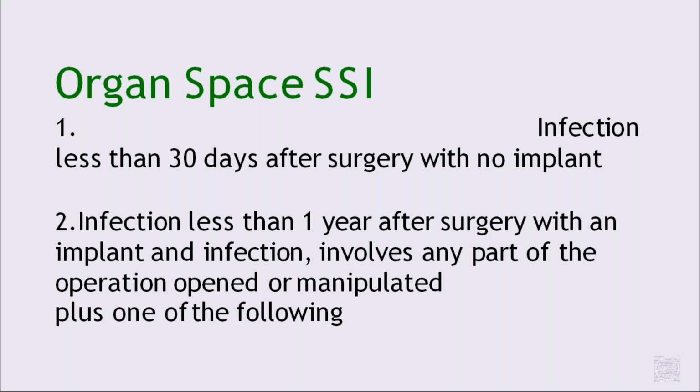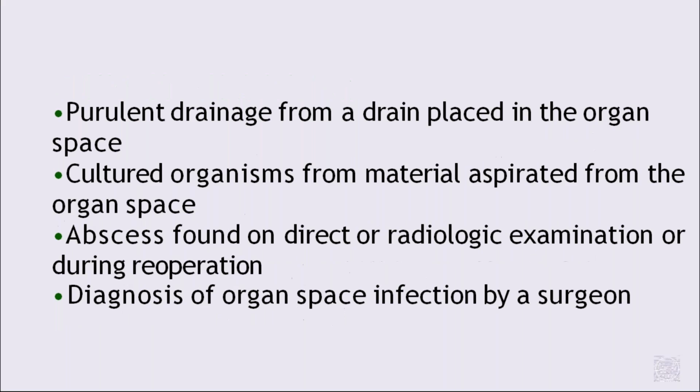Infection less than 1 year after surgery with an implant, and infection which involves any part of the operation opened or manipulated. Plus it should include the following. What are those points? Purulent discharge from a drain placed in the organ space, or cultured organisms from the material aspirated from the organ space.